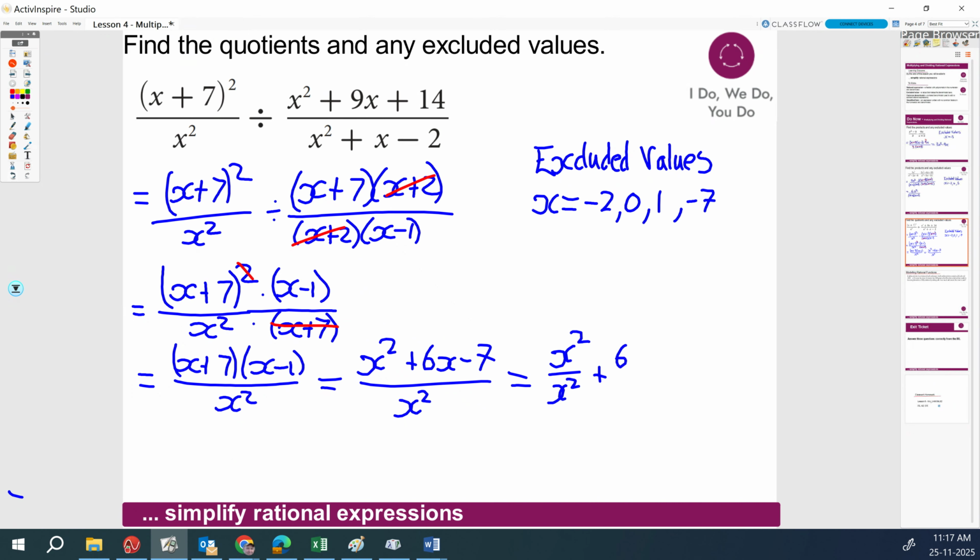If you think about how we add and subtract, this expression can be written like this. If you wish to separate it up, this expression can be simplified to this. These are all equivalent expressions.